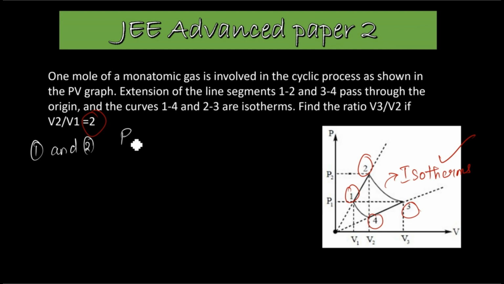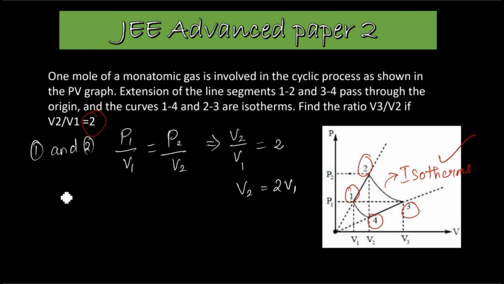Right? So P1V1 is equal to P2V2. Correct? We are given that V2 by V1 is equal to 2, which means V2 is equal to 2V1.